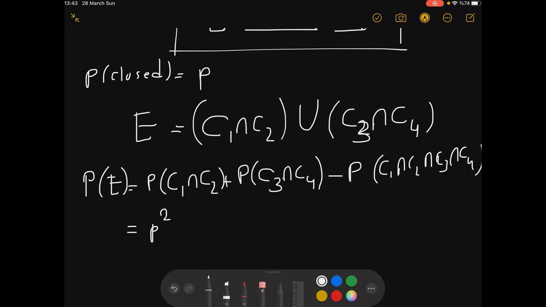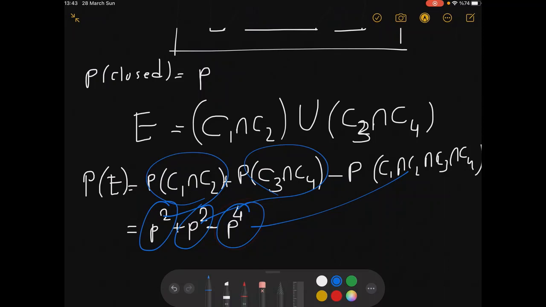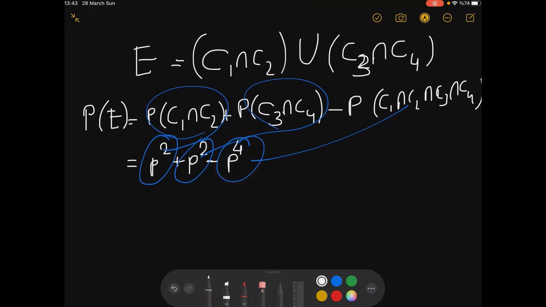So it should be p squared plus p squared minus p to the power 4. So these would be corresponding to those ones, this one to this one, this one to this one. And the result will be what? 2p squared minus p to the power 4.